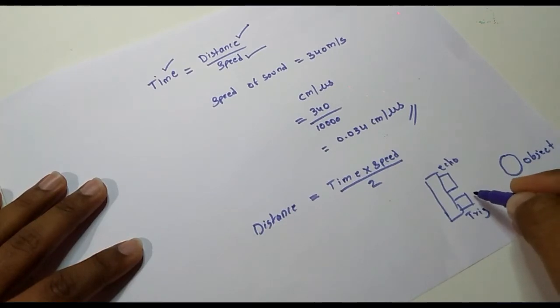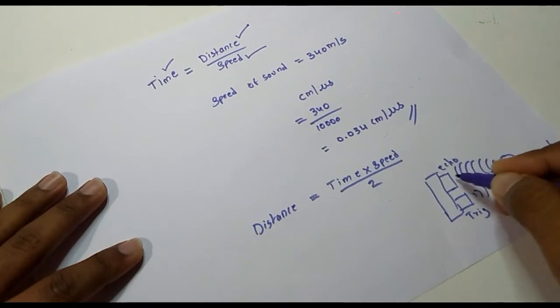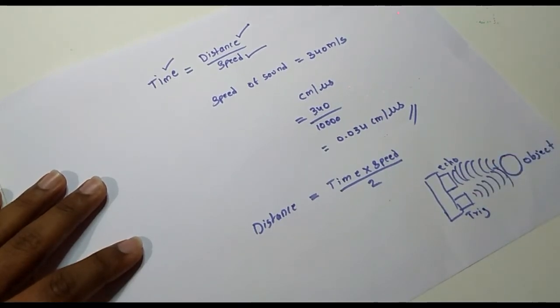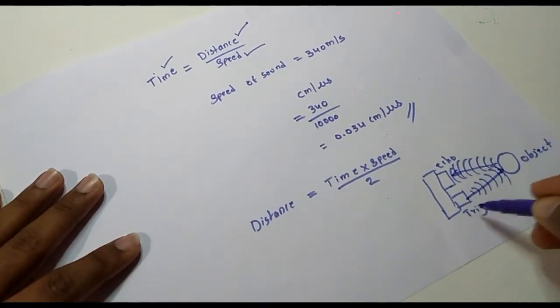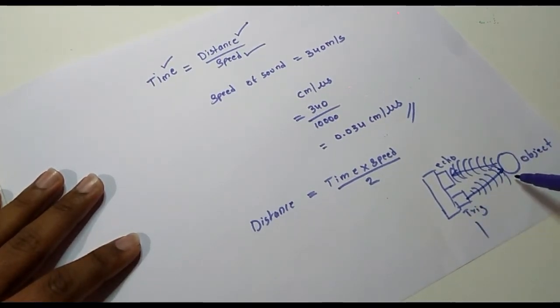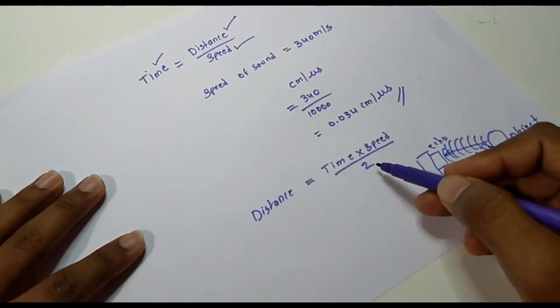The trig emits the waves, the waves find the object, and it will reflect and be received in the echo. So the Arduino calculates the time from the sensor to the object and back, but we need the time only from the sensor to the object. That's why we are going to divide it by 2.